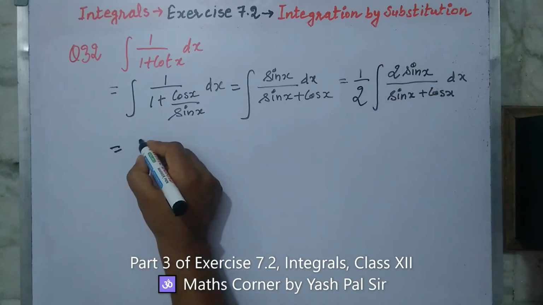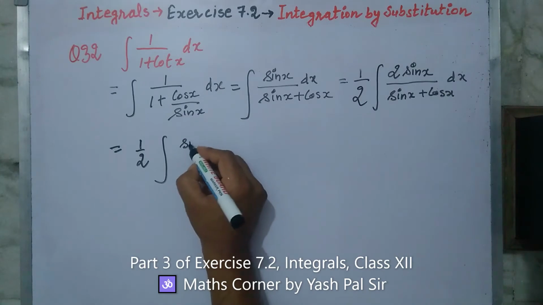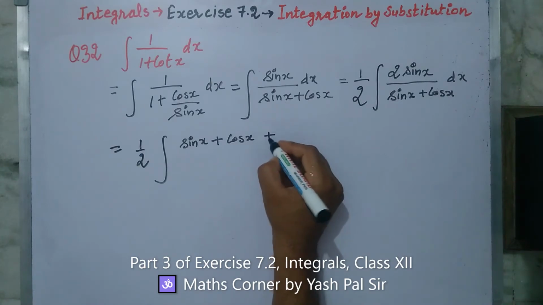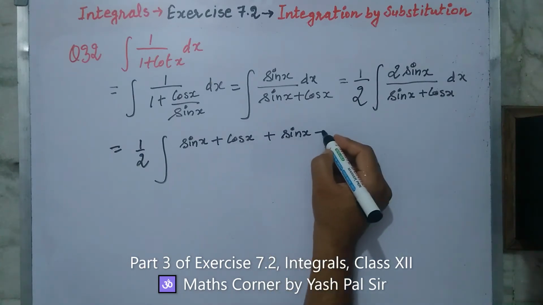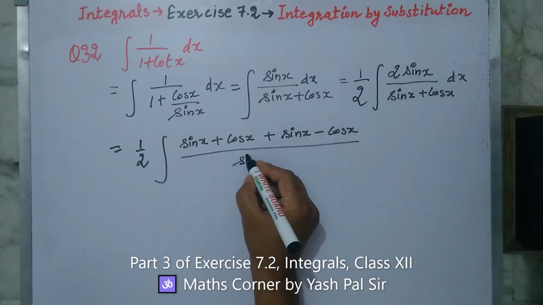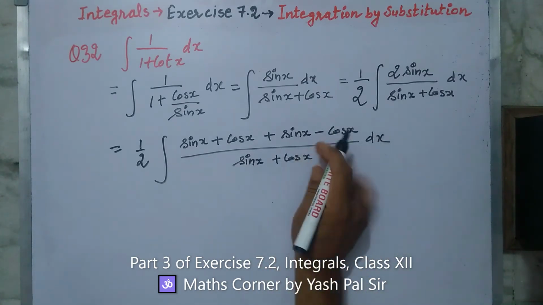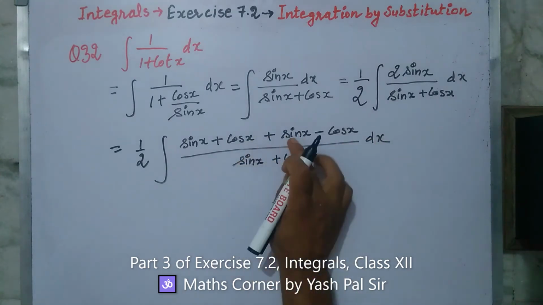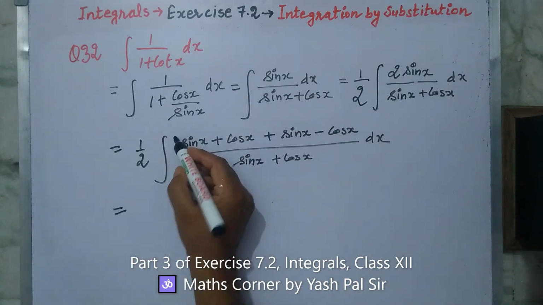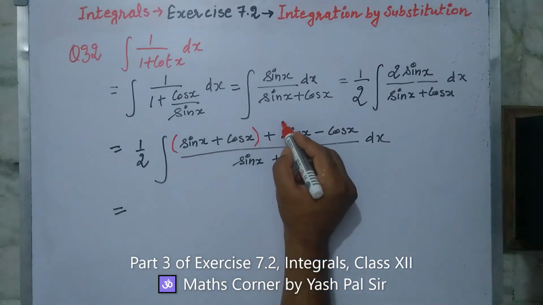Because now we can write 2 sin x as (sin x plus cos x) plus (sin x minus cos x), divided by sin x plus cos x, dx. So minus cos x plus cos x cancel out, and sin x plus sin x equals 2 sin x. Now we put brackets on the first two terms and the last two terms.